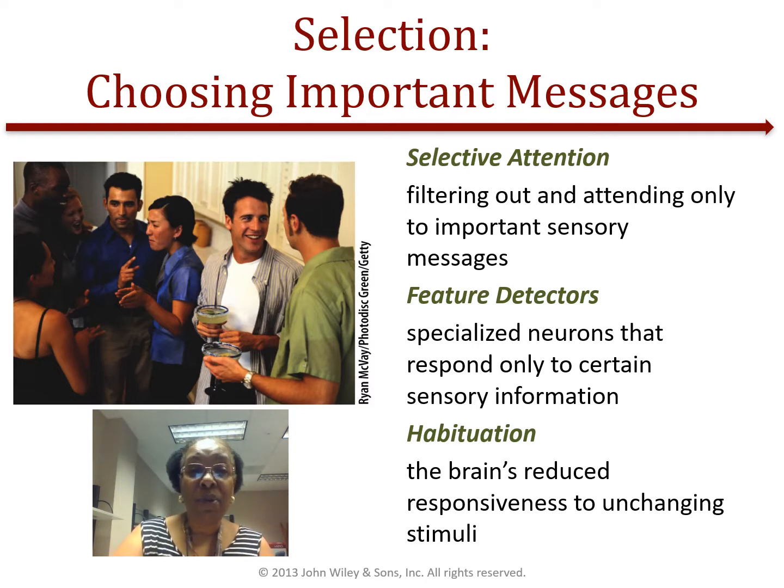For example, through selective attention, the brain can pick out the information that's more important to us and discard the rest of it. In humans and other animals, the brain also contains specialized cells called feature detectors, which respond only to certain stimuli.